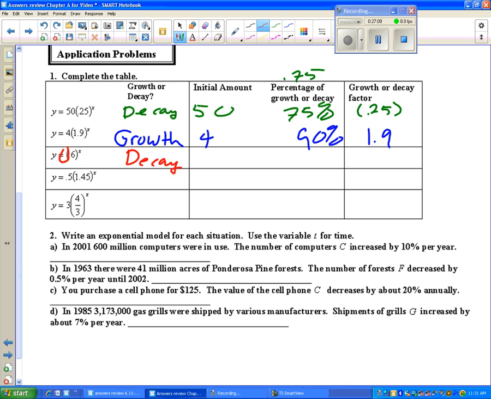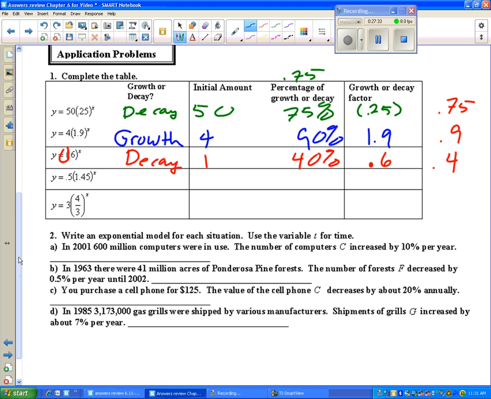My initial value is the number in front of that, which is nothing, so it has to be the number 1. Fill out the last column first. In the parentheses is 0.6. The difference from 1 is 0.4. As a percentage, it's 40%. And if you need to, put the 0.9 over here, 90%, 0.75 over here, 75%.